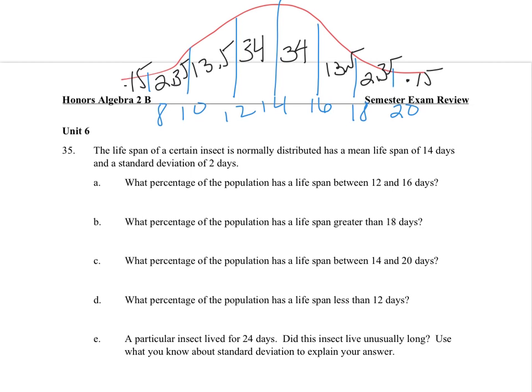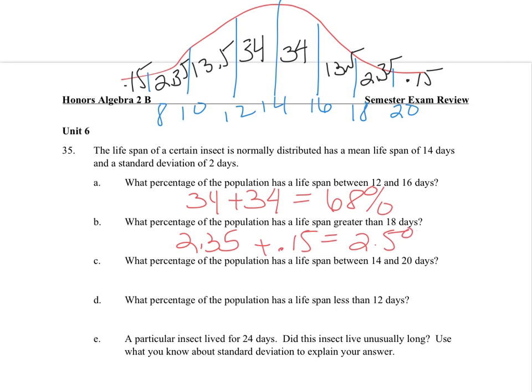Okay, so what percent is between 12 and 16 days? That is going to be 34 plus 34, so 68%. Greater than 18 days, we're going to add 2.35 and 0.15. That's greater than 18 here.